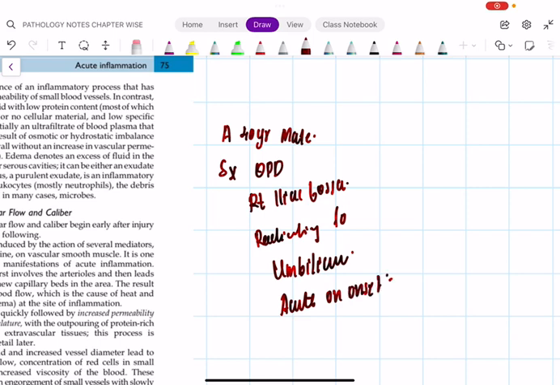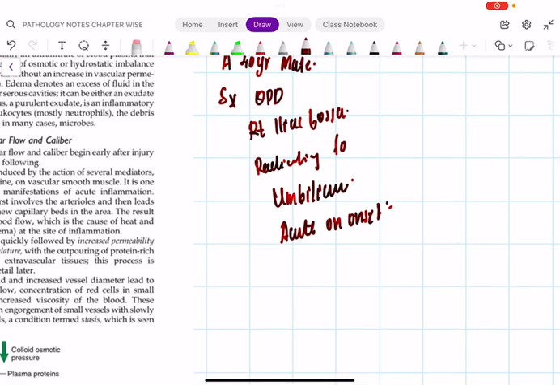What is your probable diagnosis? Whenever you hear right iliac fossa, radiating to umbilicus, acute onset, surgery OPD, 40-year-old male, I hope by this time you would have understood the diagnosis. It is a case of acute appendicitis.